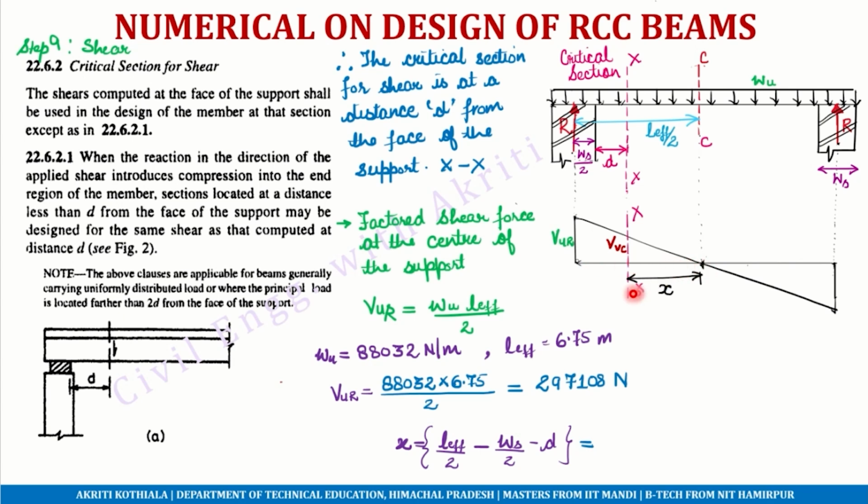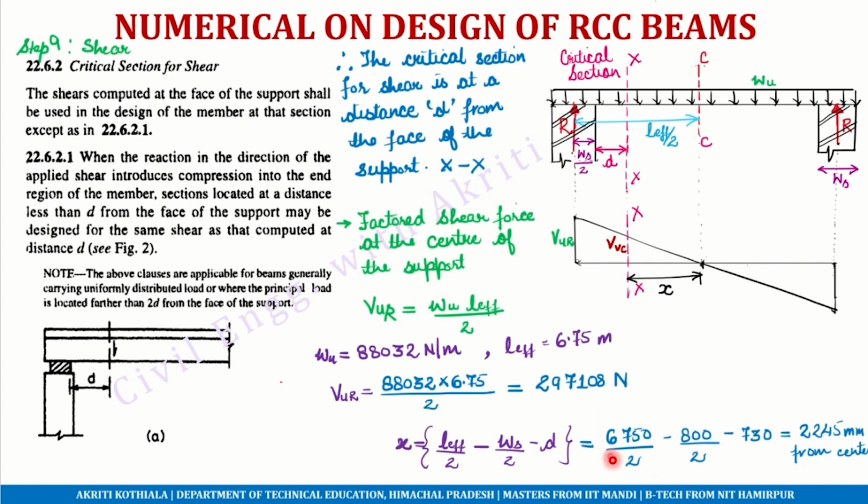Then half of the width of the support will be deducted and this effective depth d will be deducted to obtain this point XX, or x, from the center of the support. So this calculates to be equal to 2245 millimeters from the center.